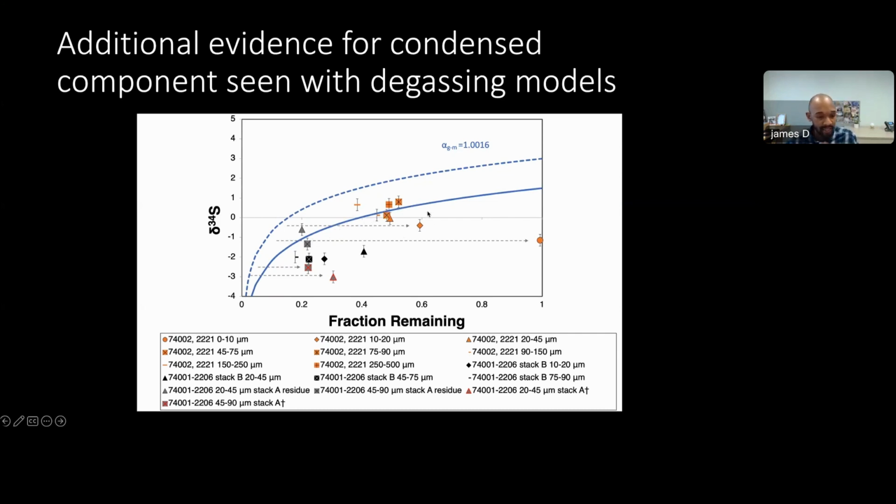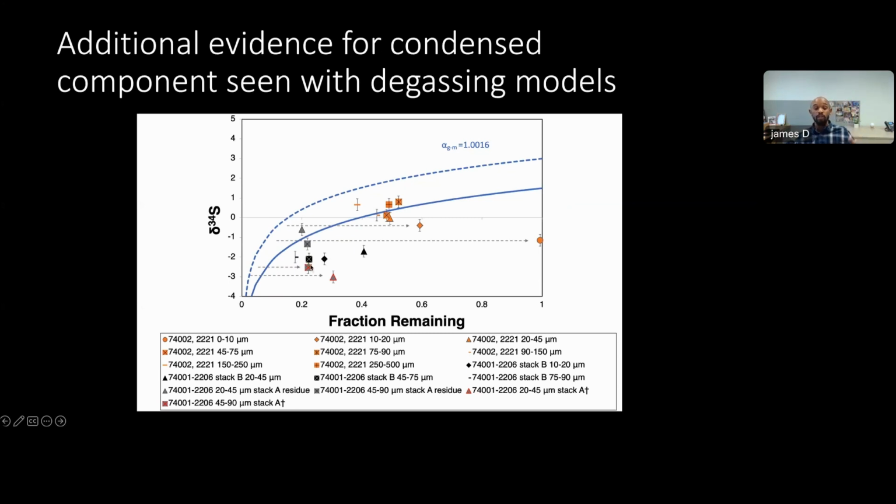I'd also like to take this opportunity to point out that when we analyzed the black glasses as a bulk, say, as the bulk sieved measurements, none of those samples fall along the melt degassing trend.